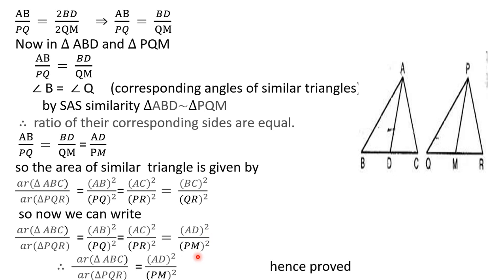Now we can write area of triangle ABC upon area of triangle PQR is equal to AD square upon PM square, and AD upon PM is nothing but the ratio of the medians, since AD and PM are the medians. So we can say if these two triangles are similar, then the ratio of the areas of these two triangles is the square of the ratio of their medians, and it's proved.